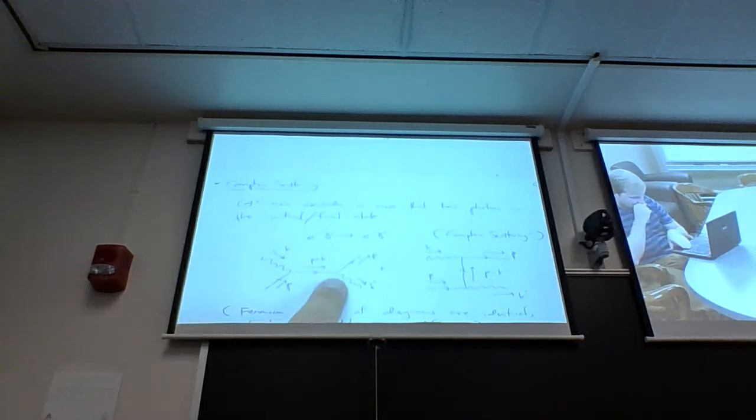So there are processes where you can scatter photons off of an electron, or you can scatter an electron and positron to get photons out. There's a whole new world when you introduce the photon. So what I want to do is consider Compton scattering. Compton scattering is when you scatter a photon off of an electron, and you get an electron and a photon in the final state.